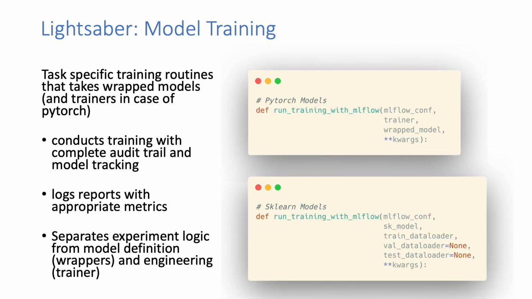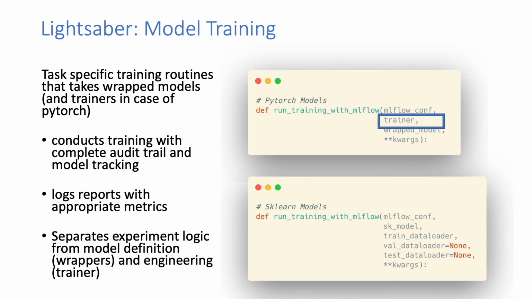And finally, these are then run through provided functional training routines that are tailored to specific tasks. Such routines conduct the training with a complete audit trail and model tracking, logging the appropriate metrics. Also, one key thing is that we try to separate the experiment logic from the model definitions that are provided through the wrapped models as we just discussed, and engineering features. So for example, in PyTorch, we can use any PyTorch Lightning trainers.